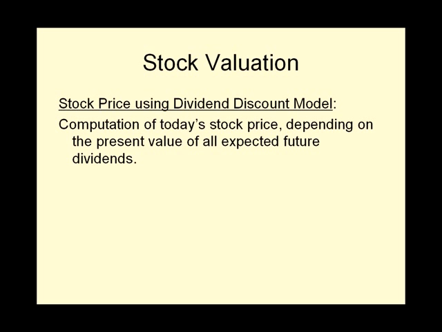The cost of equity capital discussed in the previous few slides is the key determinant of stock price. This slide uses a dividend discount model to determine stock price depending on the cost of equity capital. Essentially, the price of a share of stock today depends on the present value of all future dividends.